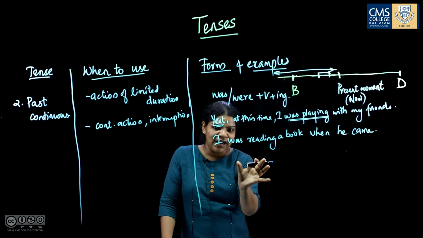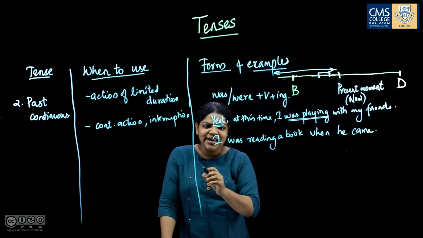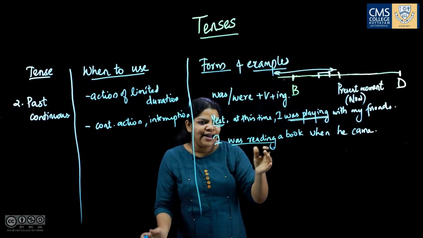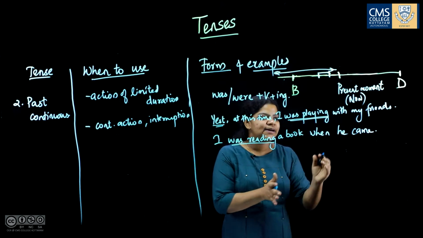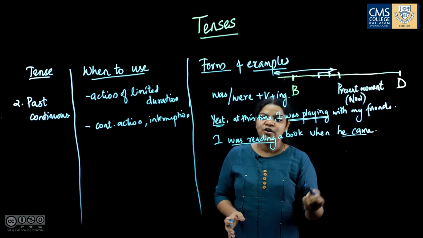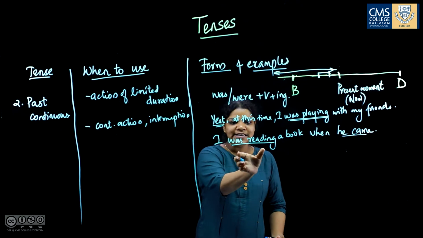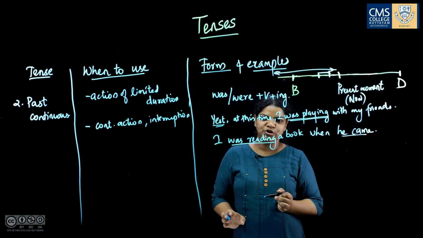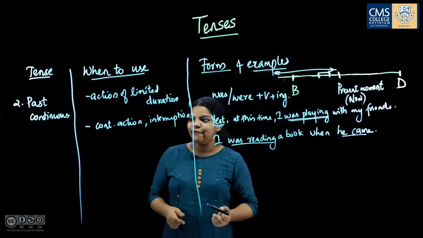Reading a book is one action, and come is another action. Now here you see that one action was continuous. So I was reading a book, that was a continuous action, and this reading was interrupted by the presence of him. So past continuous can be used to represent a continuous action which came to an end when an interruption came. So that is the second use of past continuous form.